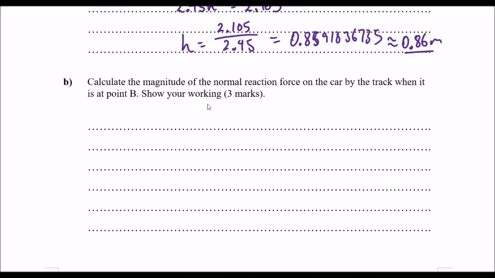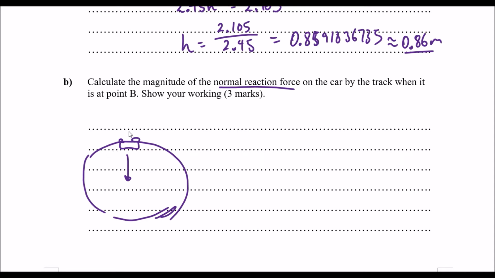Okay. It says calculate the magnitude of the normal reaction force on the car by the track when it is at point B. Show your working. So if we have a look, our car is here. It's coming down like so.